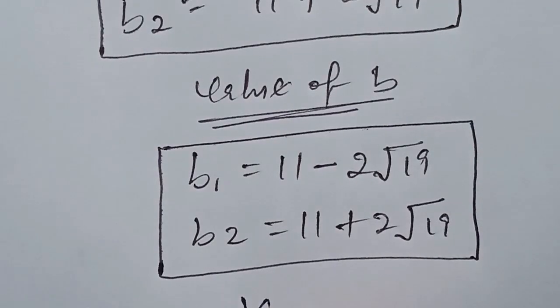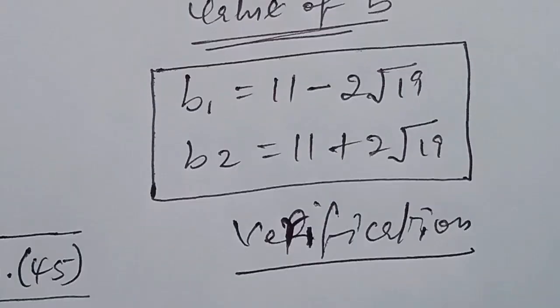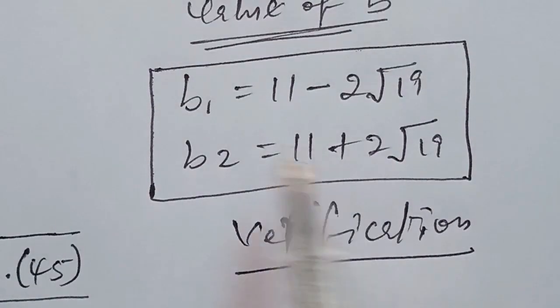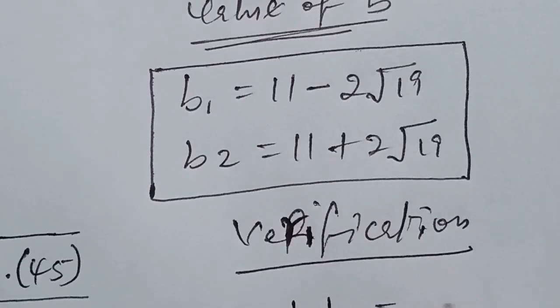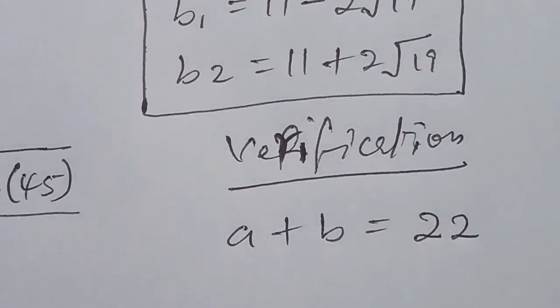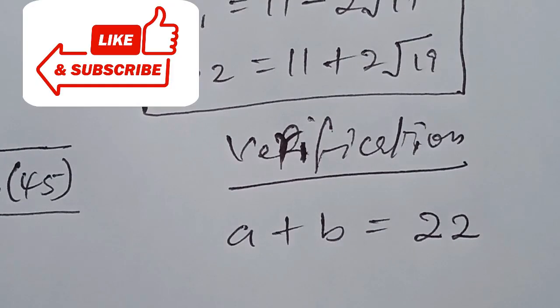So we verify these values to confirm our earlier expression, which implies a plus b equal to 22. So we can take any of the two values. So we have a1 and b1.